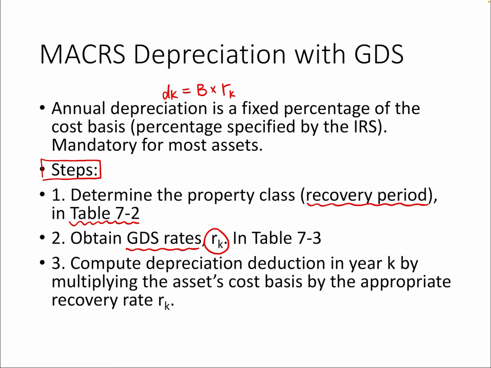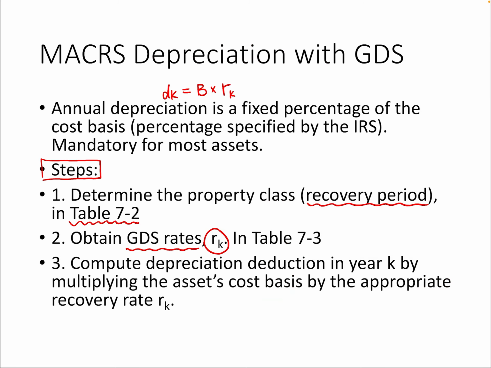Different classes have different depreciation recovery periods. For example, office furniture and equipment, the first class, has a 7-year depreciation recovery period. So you can depreciate this type of asset for 7 years.